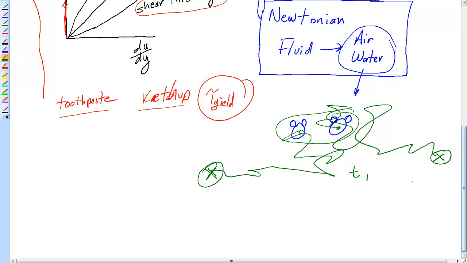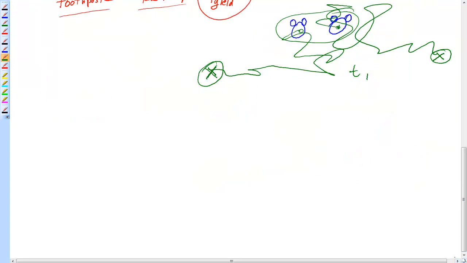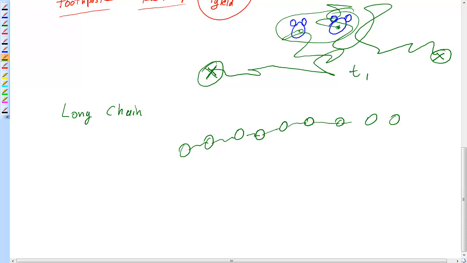As opposed to that, let's look at something like this. Let's say we look at a long chain polymer. Something that has a bunch of carbons, like a whole pile of carbons, all connected with a bond through here. They could have things attached to the sides, out to the ends.